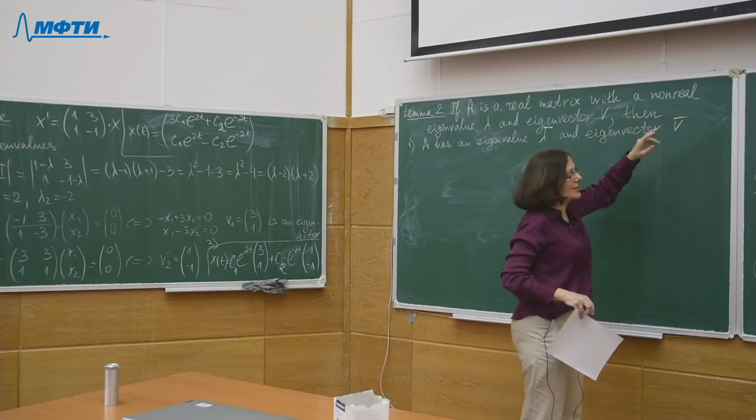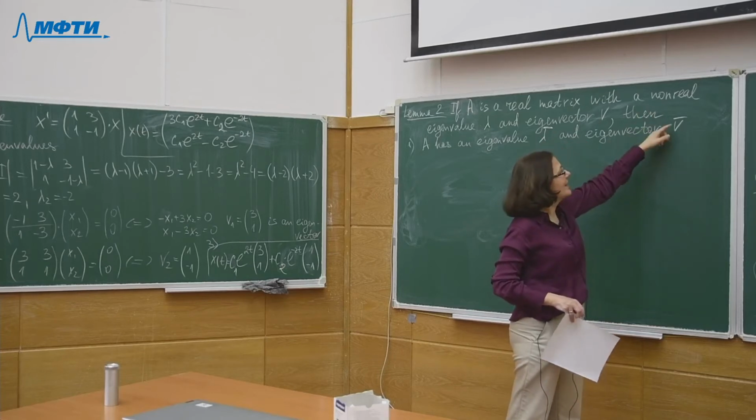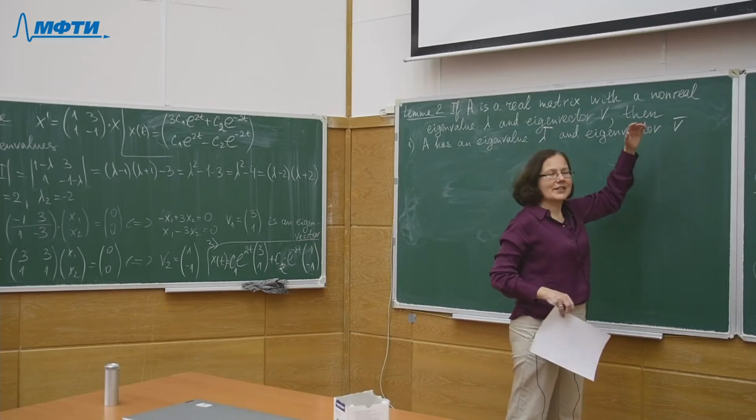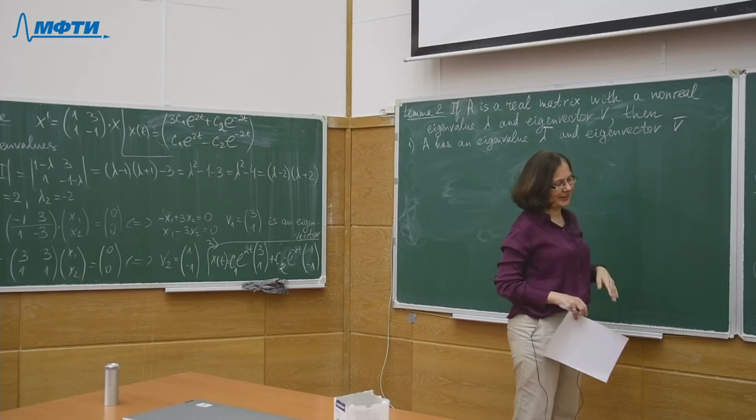This bar is not the notation of a vector, but shows that this is the complex conjugate of V, complex conjugation.